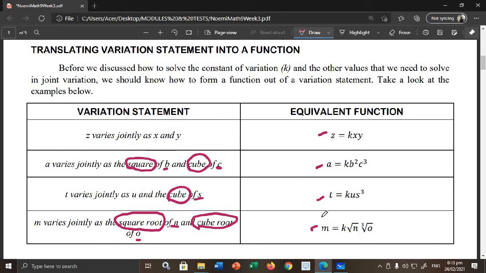So that's it. That is how you translate a variation statement into a given function. It is very important kasi before you solve a problem regarding variations, you should know how to translate a variation statement into its equivalent function kasi bale yan na yung gagamitin nyo na formula to solve the given problems in variation.